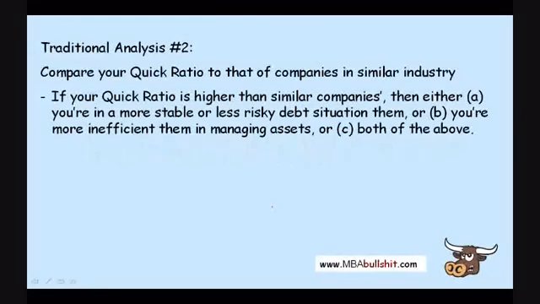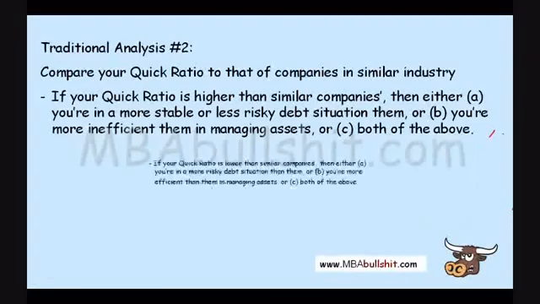When we say inefficient in managing assets, it's using so much assets just to generate profit. Remember, from the owner's point of view, it's better for a company to earn the same amount of profit but to use a lot less assets, a lot less current assets, a lot less quick assets. Or, of course, both of the above.